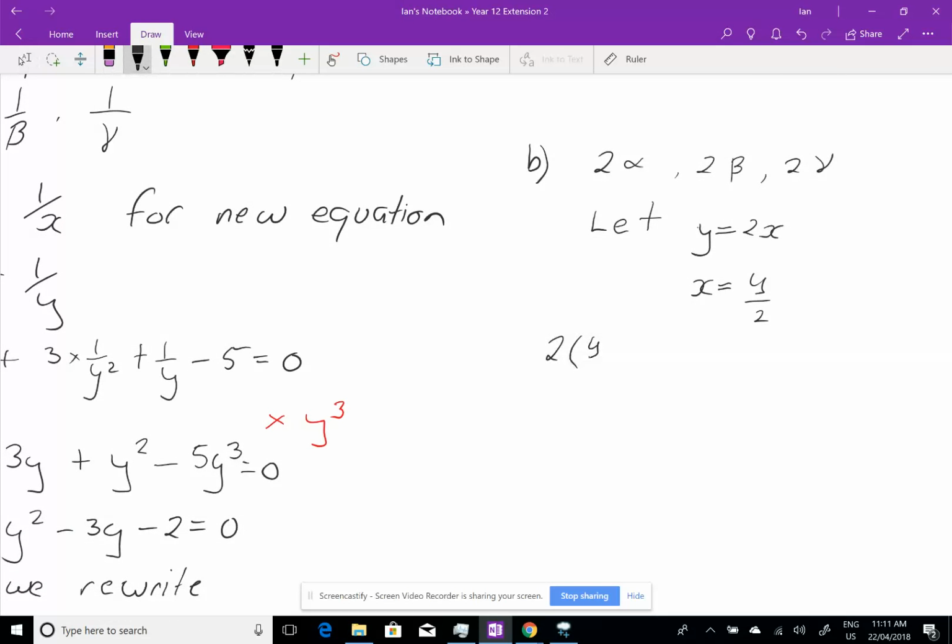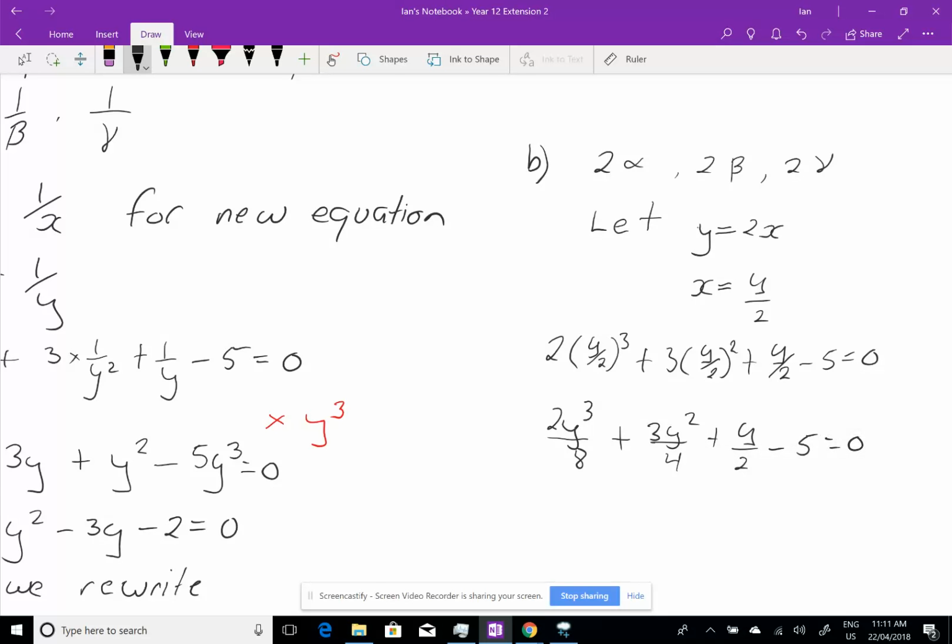2 times y on 2 cubed plus 3 times y on 2 squared plus y on 2 minus 5 equals 0. Now I'm just going to expand all that. So I'm going to get 2y cubed on 8 plus 3y squared on 4 plus y on 2 minus 5 equals 0.